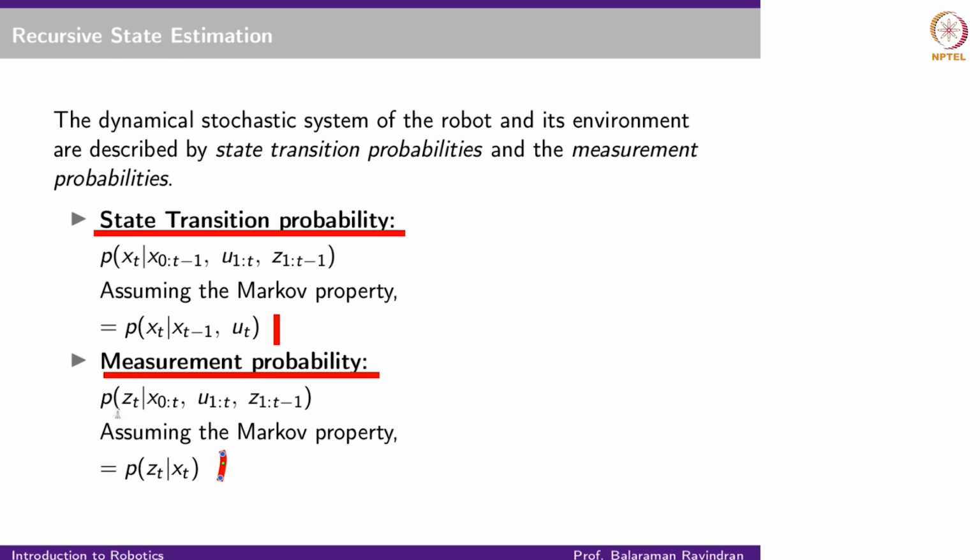So we are looking at the probability that I will be making a certain measurement zt at time t, given the history of states that I have visited up till time t, and the actions I have taken up till time t, and the observations I have made until time t minus 1. And all of this put together are the factors that my current observation could depend on. And if you're assuming the Markov property, the observation depends only on the current state xt.